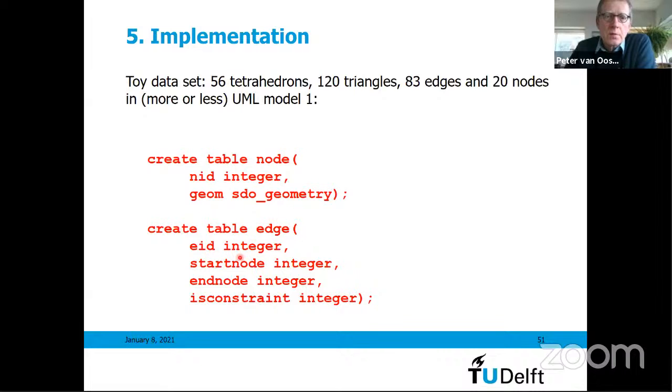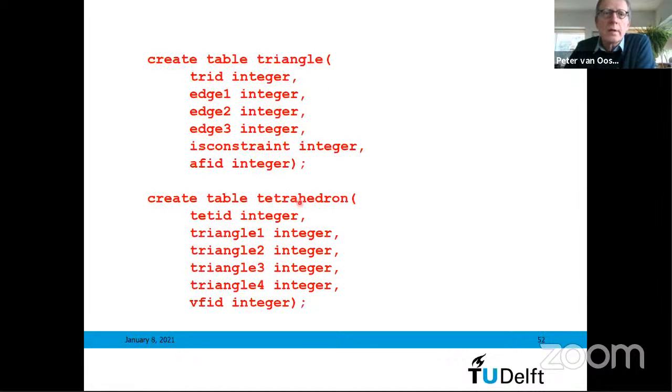One thing else that you should notice in both the edge table and the triangle table is that there is no geometry. And the same is true for the tetrahedron. There is one identifier for the tetrahedron, 4 integers, and one reference to a feature, a volumetric feature, but no geometry.